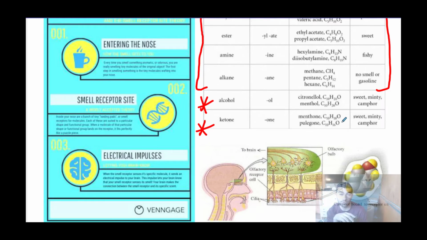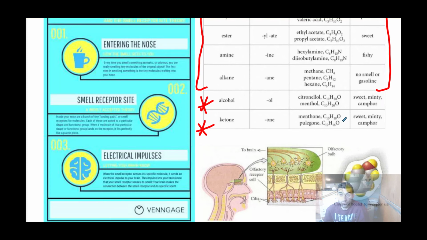Once it docks into a receptor site, it sends an electrical signal to our brain saying, hey, there's a molecule docking in this specific receptor site, or these several receptor sites are triggered, so you should interpret the smell as sweet, or you should interpret the smell as putrid, or you should interpret the smell as minty, whatever the smell category is. But that is sort of a general overview of how the receptor site theory works.